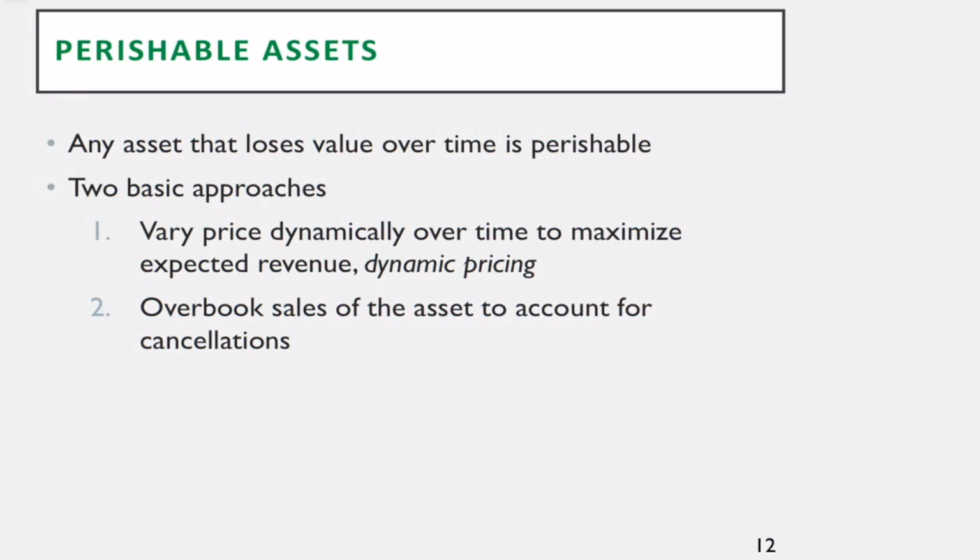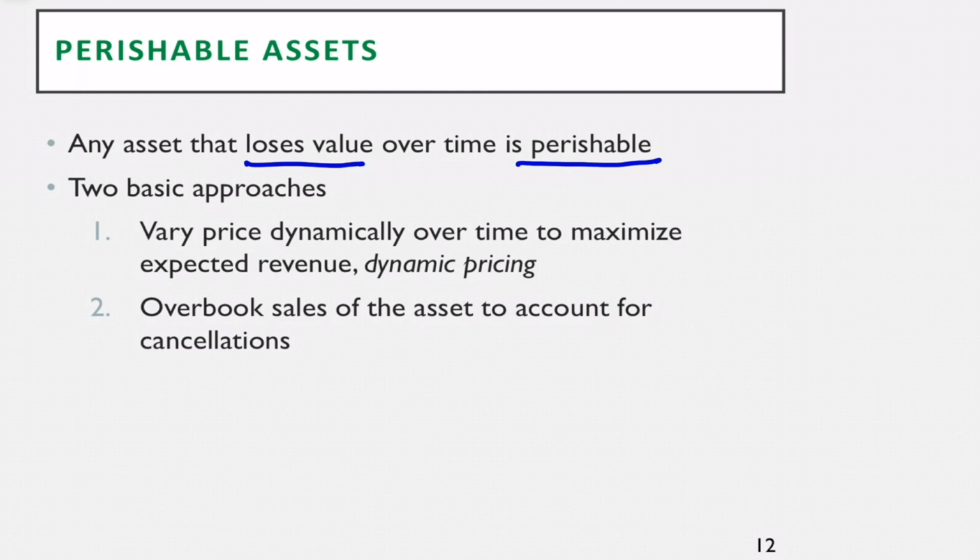So now let's look at pricing and revenue management for perishable assets. Any asset that loses value over time is perishable. So some examples could include fruits, vegetables, or some medicines that come with an expiry date. And it can also include technology products such as cell phones or computers.